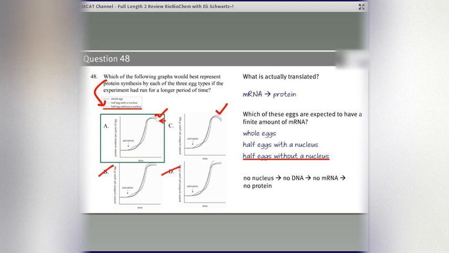Again, we don't necessarily know going into this particular subset of questions, but if we had seen a student, maybe we would have thought an error could come up in a later question. But just to be clear, unless the MCAT tells you there's an error, we assume there isn't one. We assume the whole egg is perfect. There is no possible way that a whole egg with a nucleus could have a downward dip like C does. So part of C was right, but the other part of C we have to throw away.